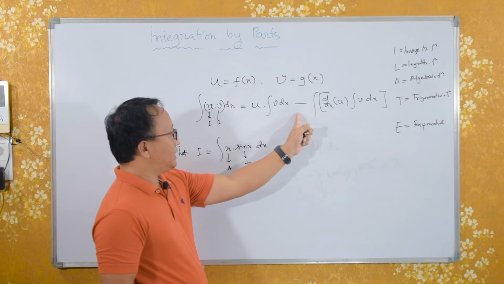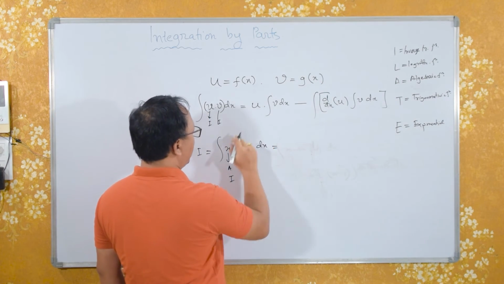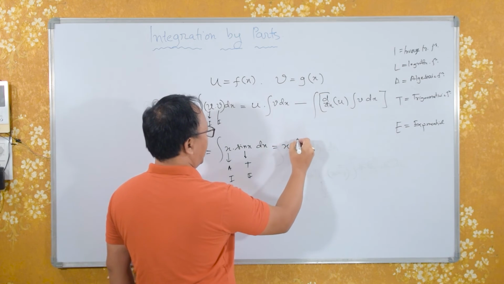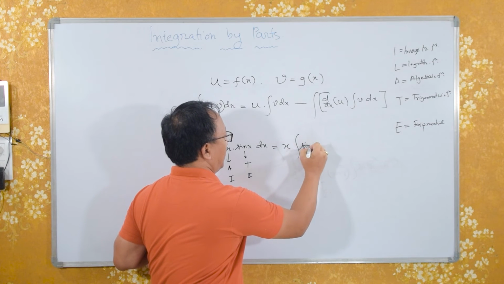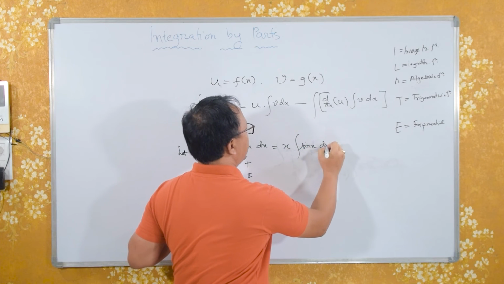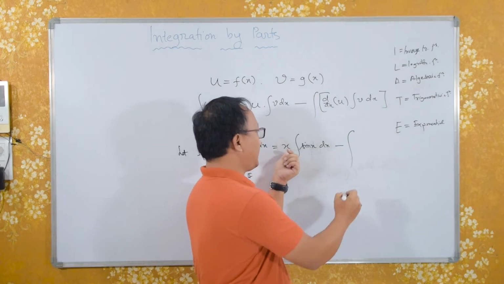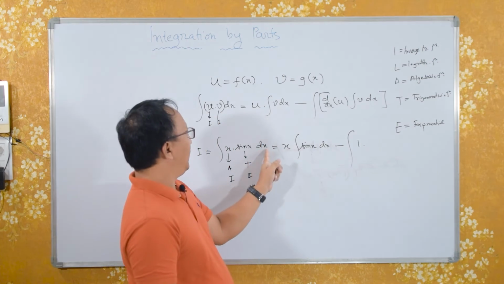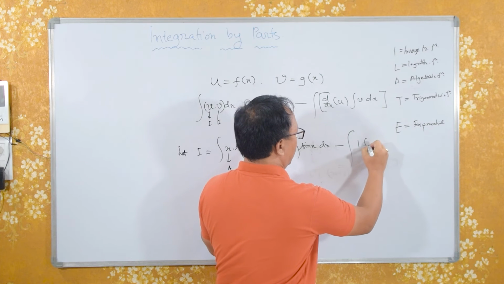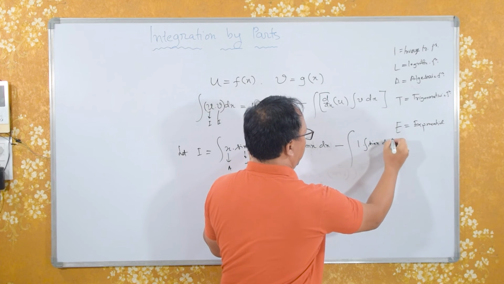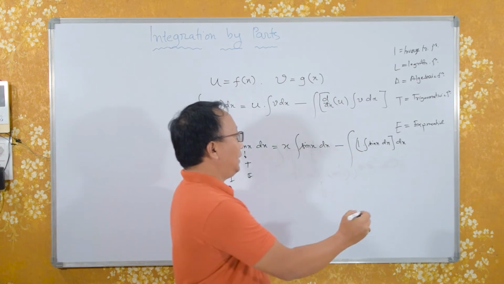Now let's apply the formula. I is equal to the first function x times the integral of sin x dx, minus the integral of d by dx of x, which is 1, times the integral of sin x dx, dx.